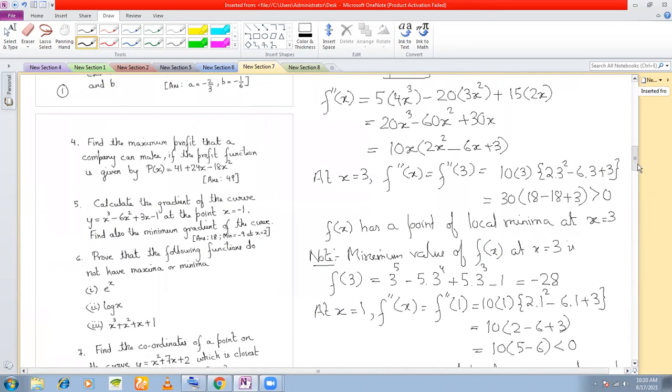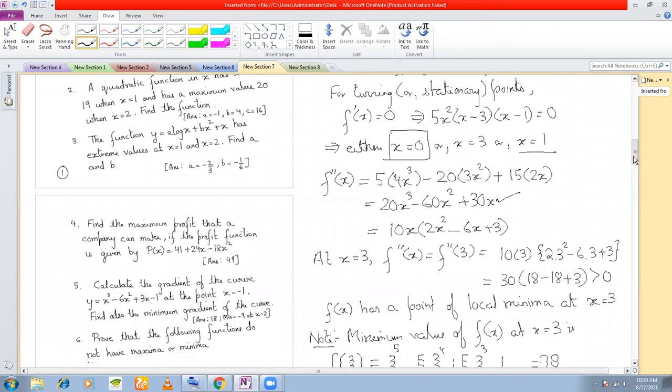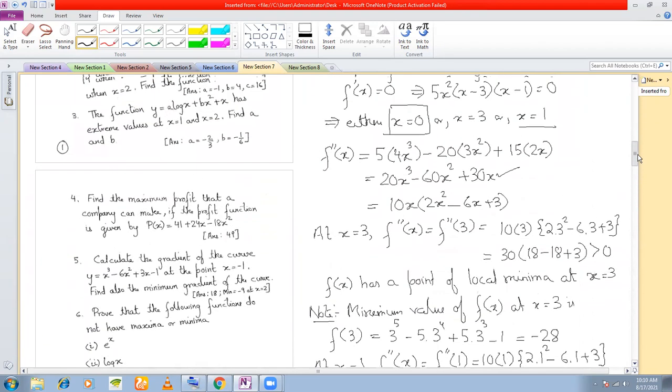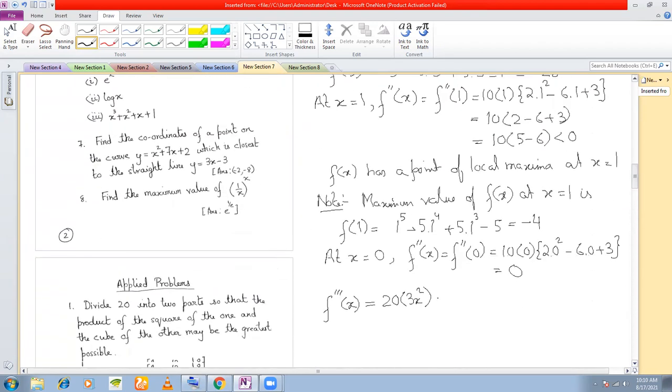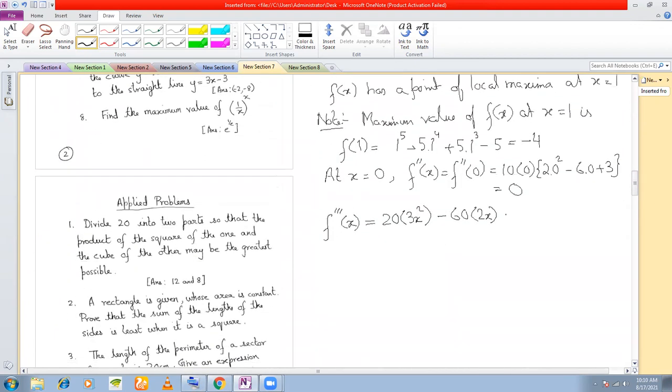Third derivative, from where will you calculate? You can calculate it from here. Okay, so 20 into 3x square minus 60 into 2x plus 30. This is the third derivative. We simplify this.